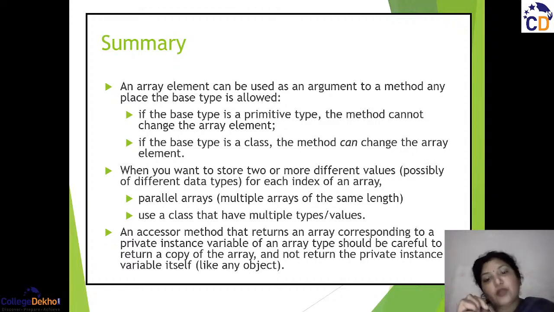Whether you are putting any value into that array or not, it doesn't matter. Once you have defined the size of an array, it automatically occupies the space in memory. So your memory is not free when you are defining other arrays or other variables. This is one of the disadvantages.